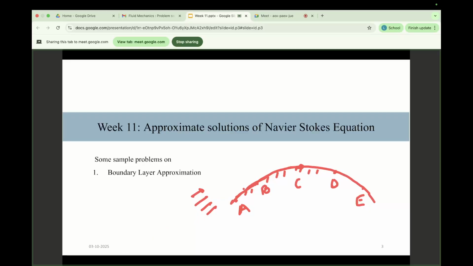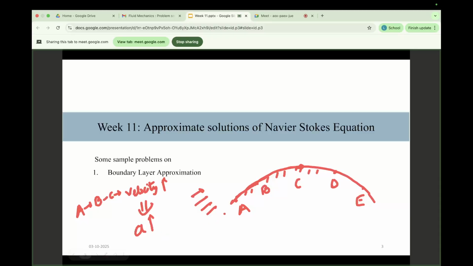Because of this curved nature, its velocity increases. Velocity increase means acceleration will increase. The flow is accelerated.